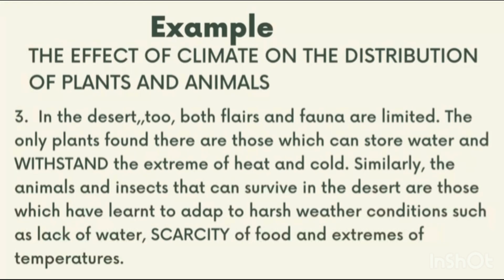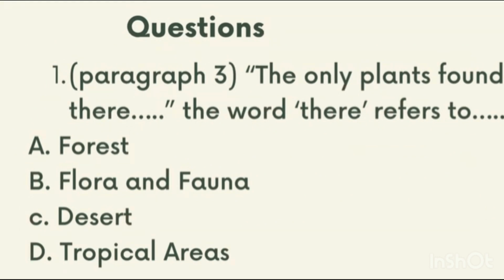So there here is referring to what? Of course, there refers to a place. Now, which place? The word there refers to A, forest, B, flora and fauna, C, desert, D, tropical area. So what is our correct answer here?